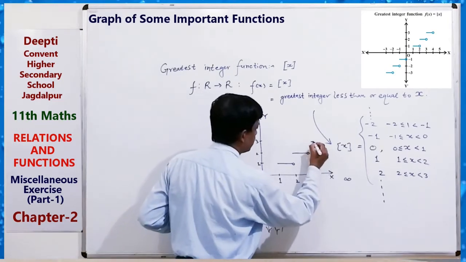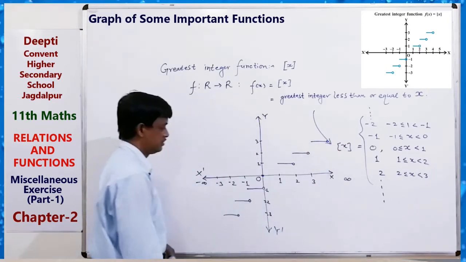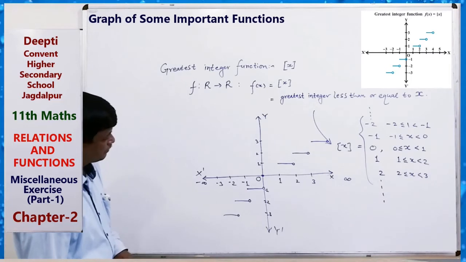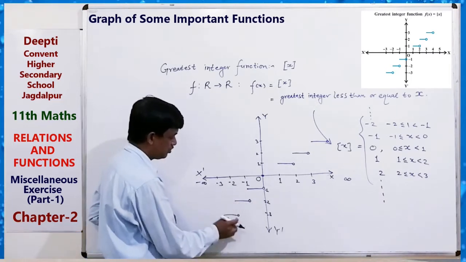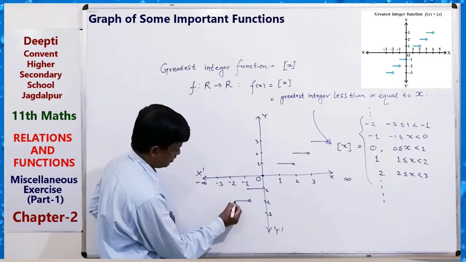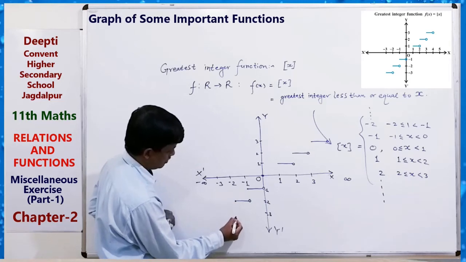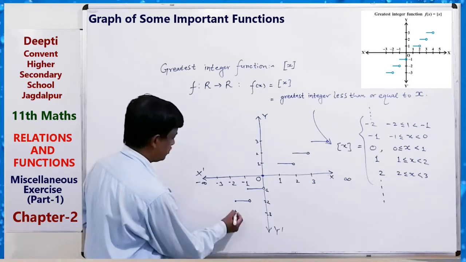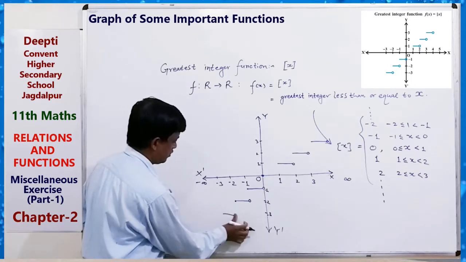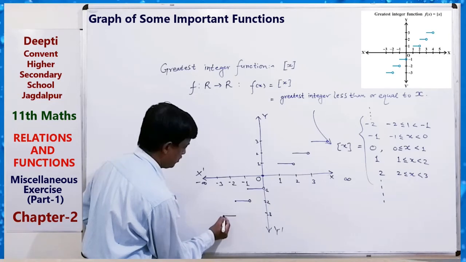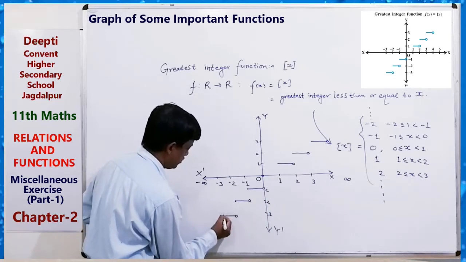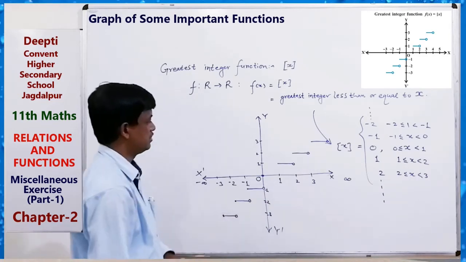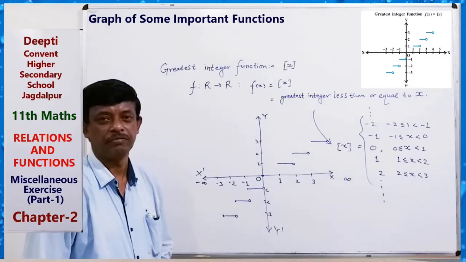Similarly here, just like this. Clear? 1, 2, 3. So 2 and then just like this we can draw the graph.